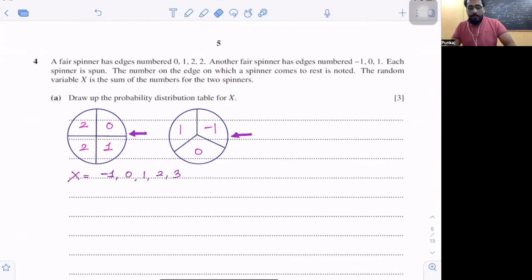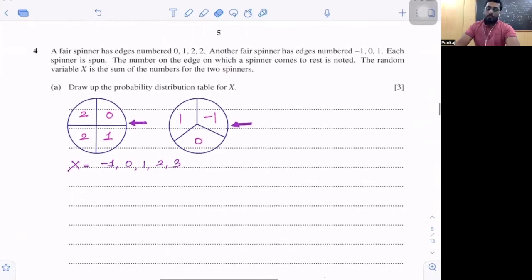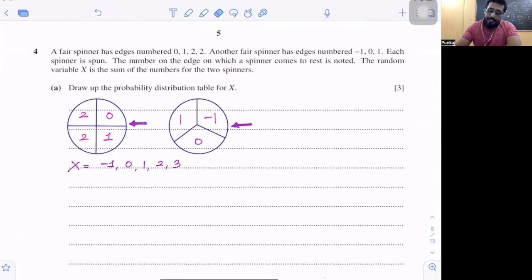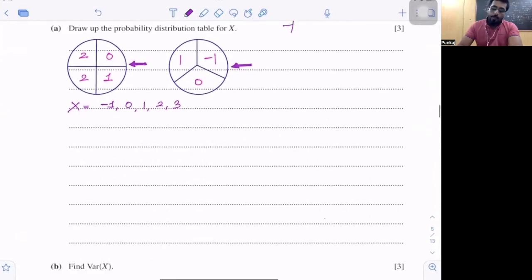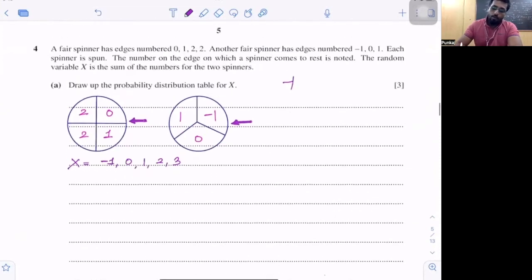Now you tell me, when is it possible to get a -1? Do you recall, -1 is possible when you get 0 on the first spinner and a -1 on the second spinner, right? So the probability of x equal to -1 is what I want to find.